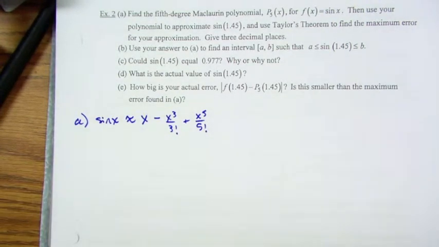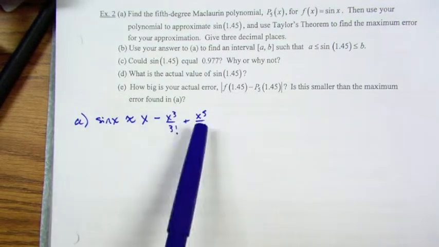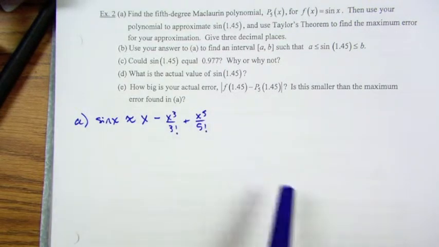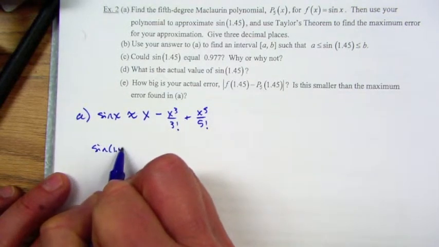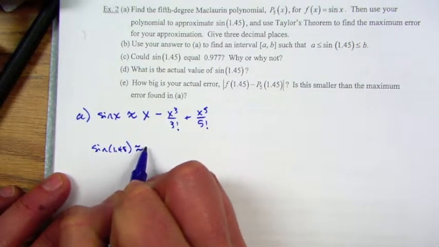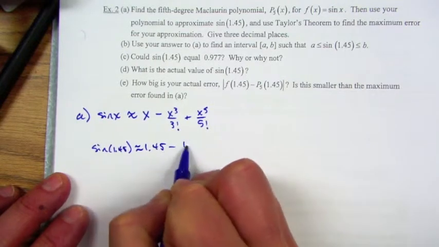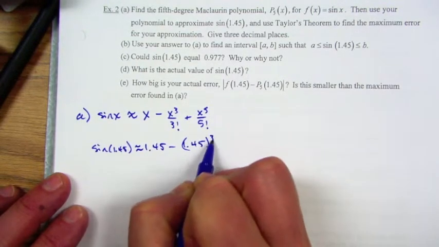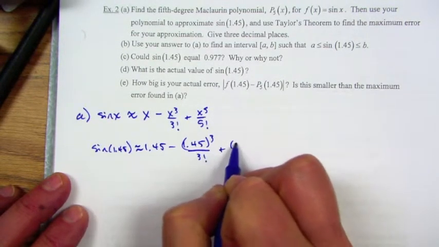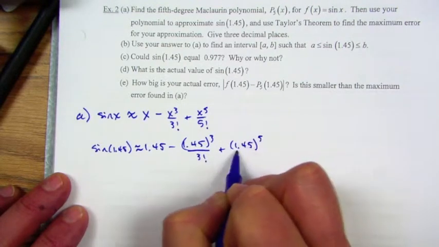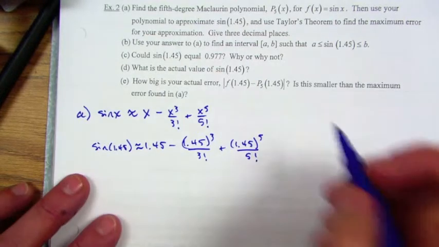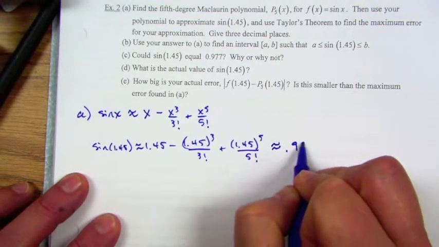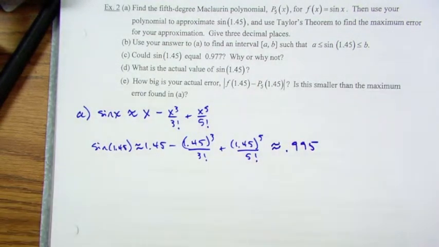There it is. And I'm supposed to use that polynomial to approximate sine of 1.5, and you get 0.995.